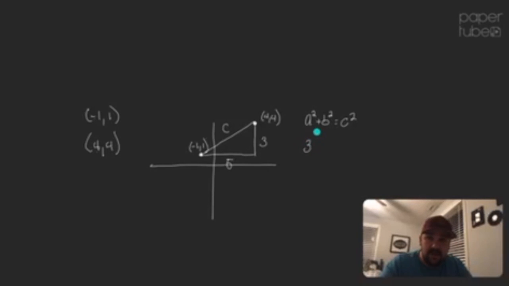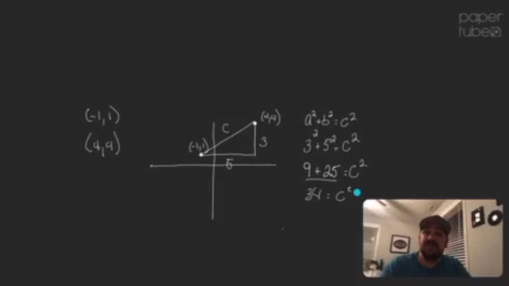So 3 squared plus 5 squared equals C squared. And then we want to square our numbers. 3 squared is 9, plus 5 squared is 25, equals C squared. I add these two numbers together. I get 34 equals C squared.